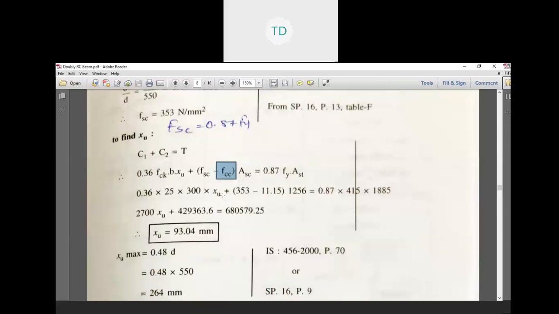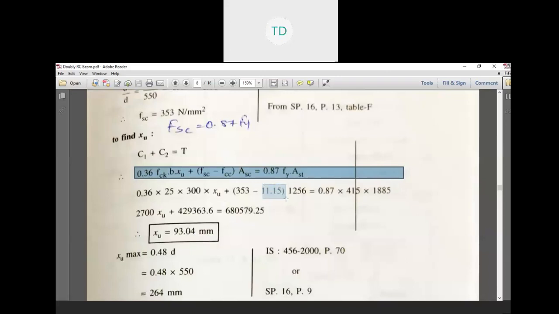Let us put all the values in the above equation: 0.36 into 25 into 300 into xu, which is unknown, plus fsc 353 minus fcc 11.15 into Asc, equal to 0.87 into 415 into Ast.